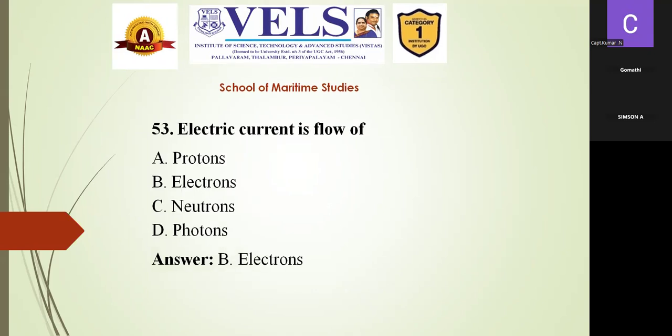Electric current is the flow of: option A, protons; option B, electrons; option C, neutrons; option D, photons. The answer is electrons. The flow of electrons is called electric current.